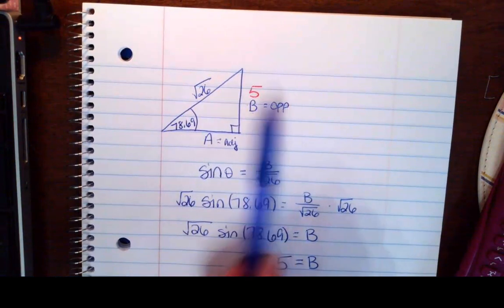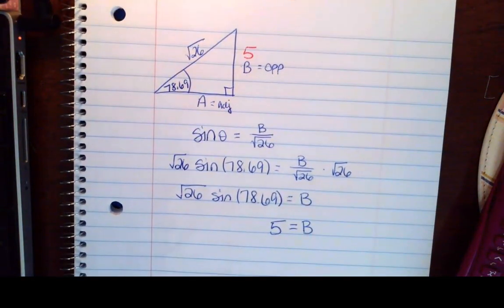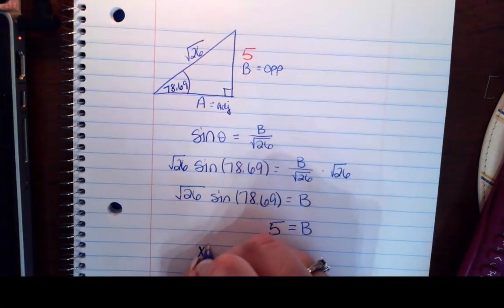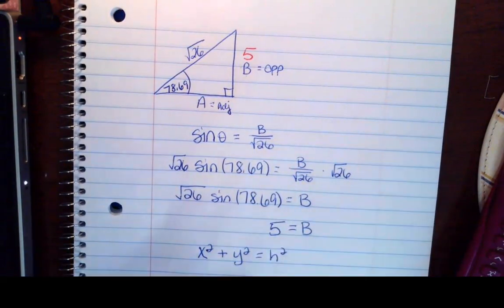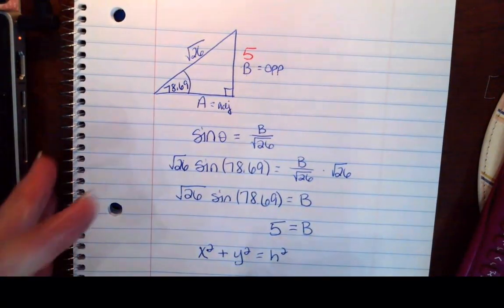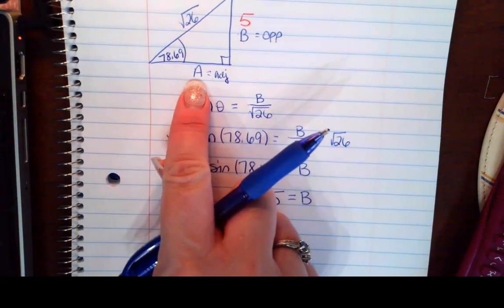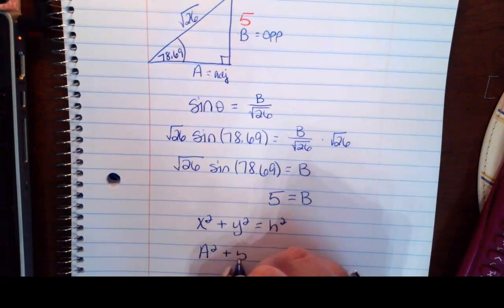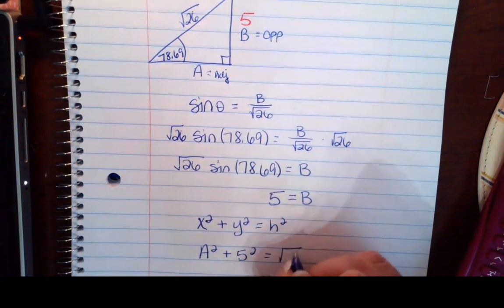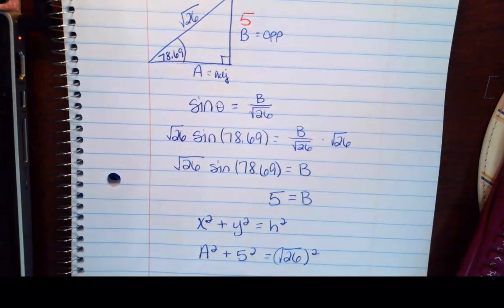So I know two sides of a right triangle, so I can use the Pythagorean theorem to find the remaining side. x squared plus y squared is the hypotenuse squared. I'm looking for A, so A squared plus 5 squared is the square root of 26 squared.